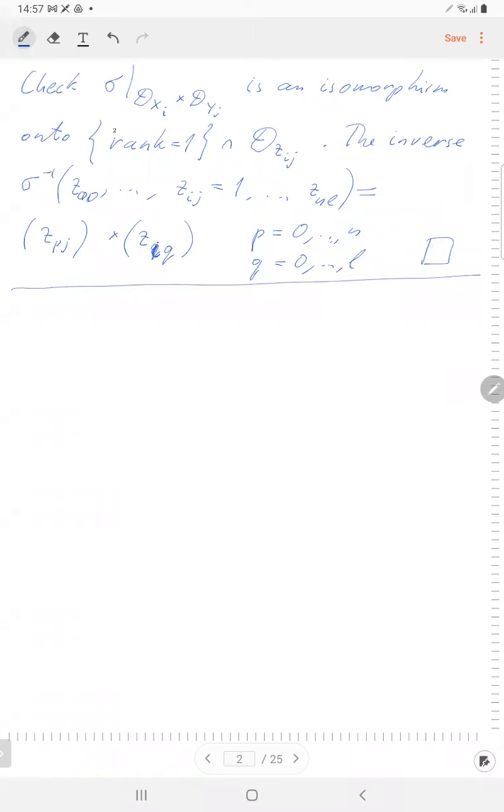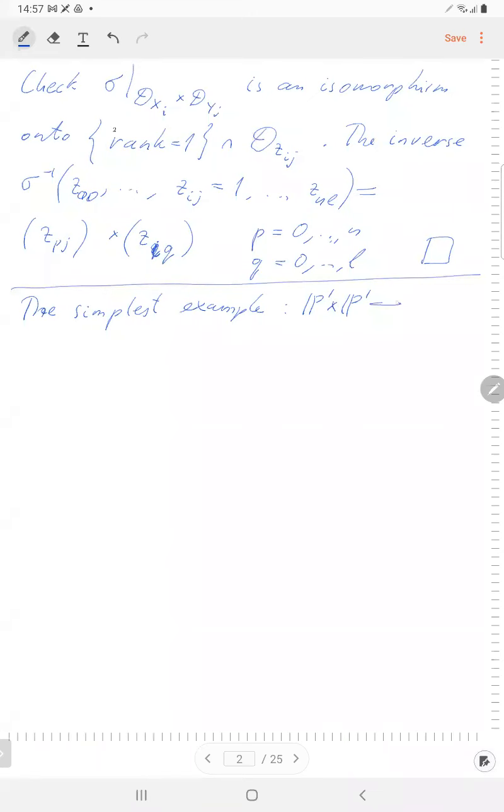Segre embedding, we will use it many times, and the simplest example is the product of P1 times P1.